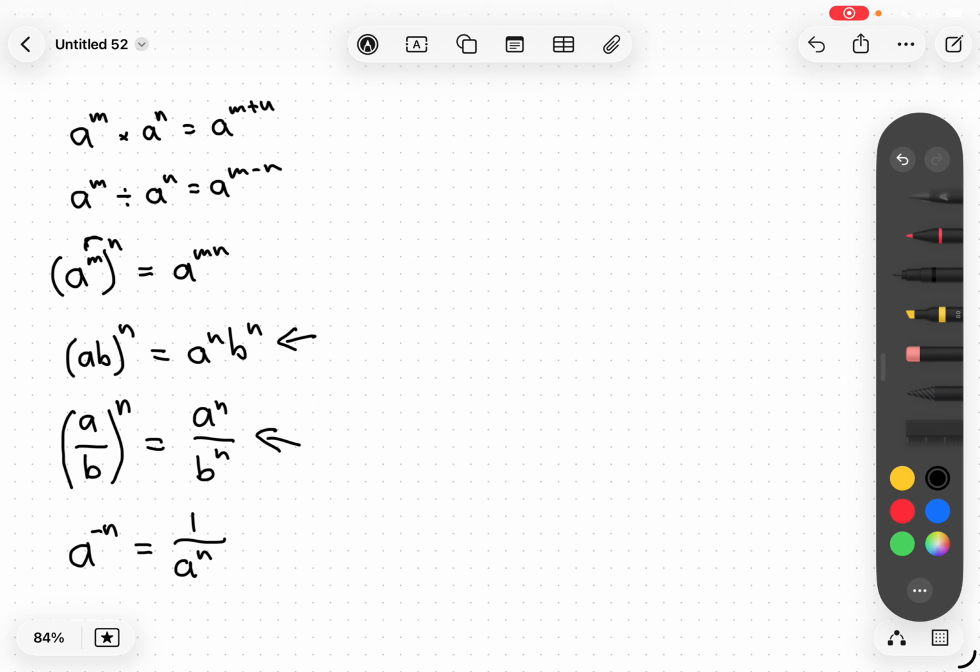Okay, let's try this. I'm just going to point out which of our index laws we're going to use, and then you can pause the video and try and solve it, and then I'm going to solve it.